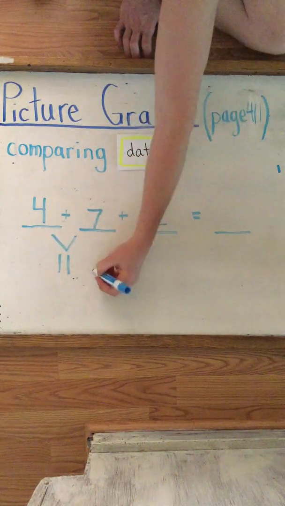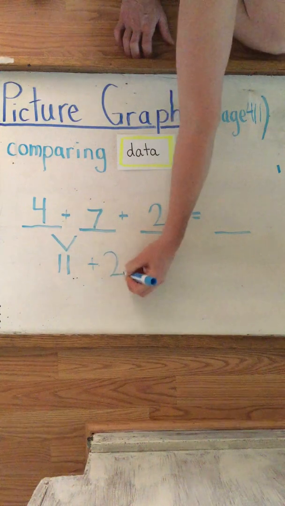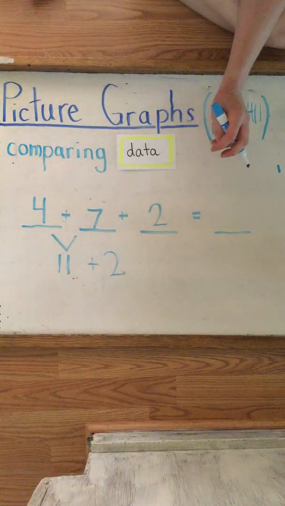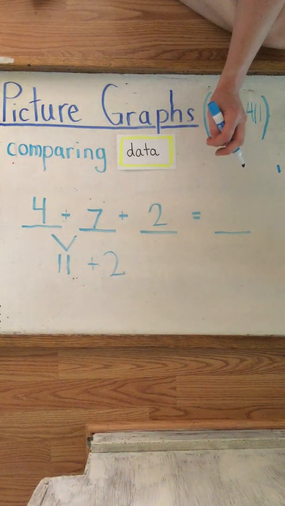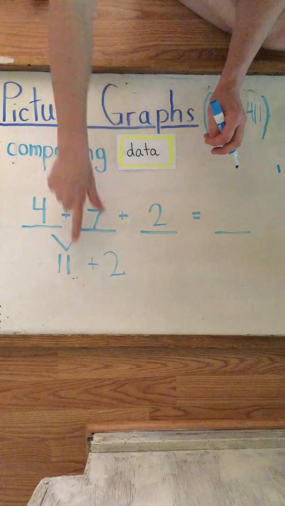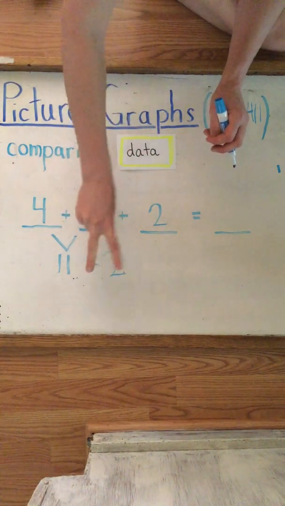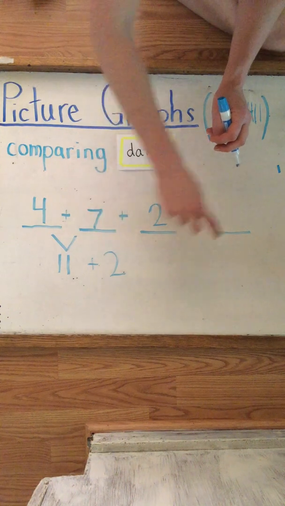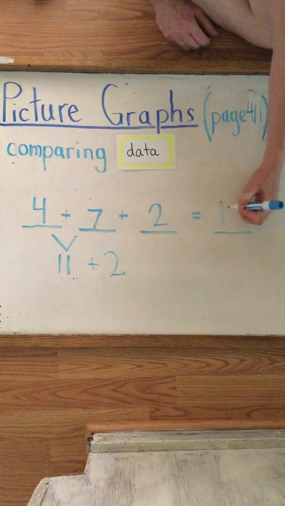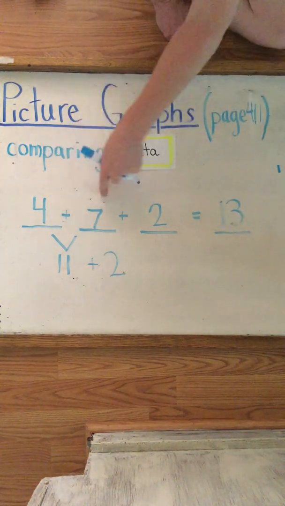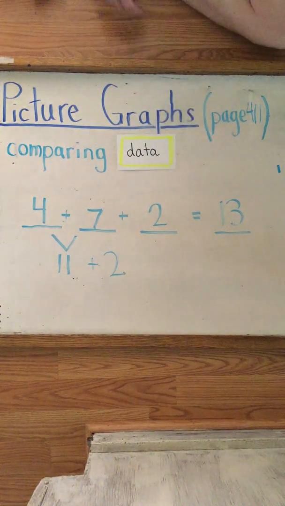And then you can add 2 to that. If you need to get your number lines to help you or objects, that's fine. But let's just count up together. 11, 12, 13. So my answer would be 13. Well, that was kind of fun to put in those missing addends and figure that out.